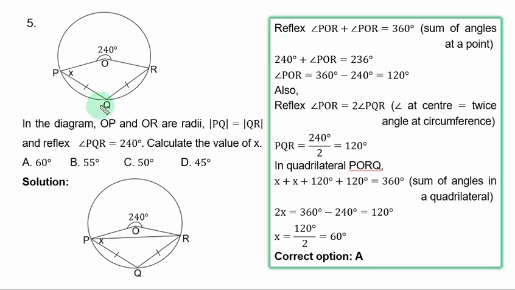Question 5. In the diagram, OP and OR are radii. PQ is equal to QR, and reflex angle PQR is equal to 240 degrees. Calculate the value of s. Solution. From the diagram, the two radii are equal, no doubt.